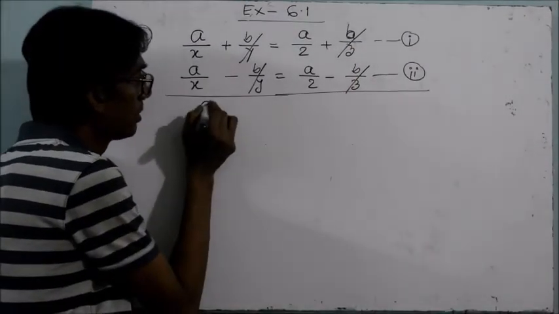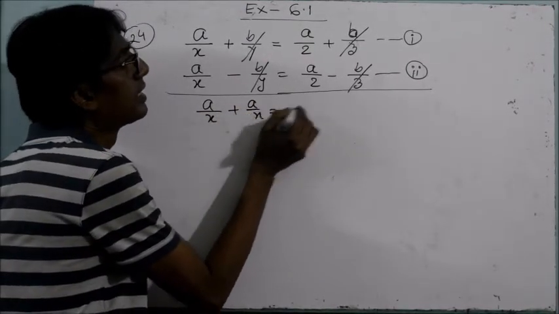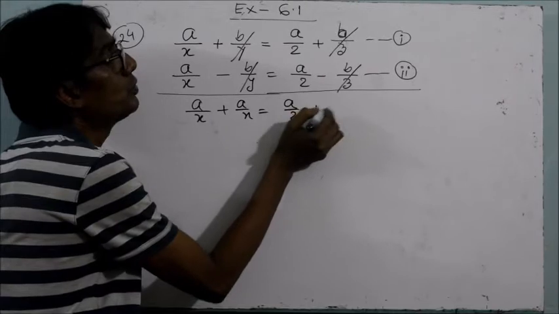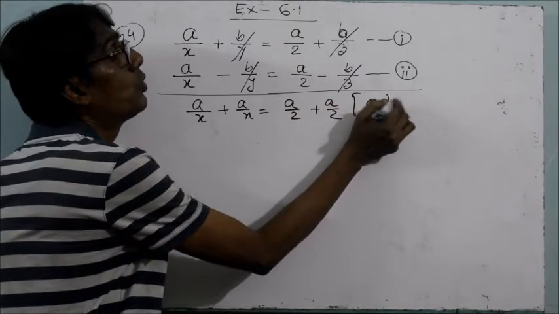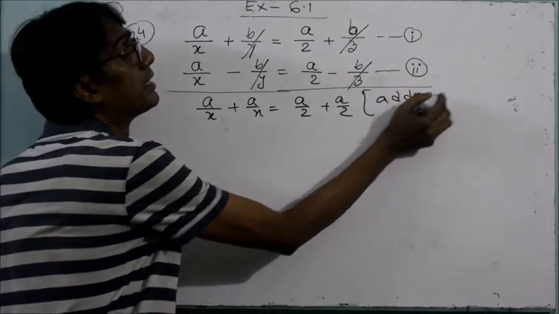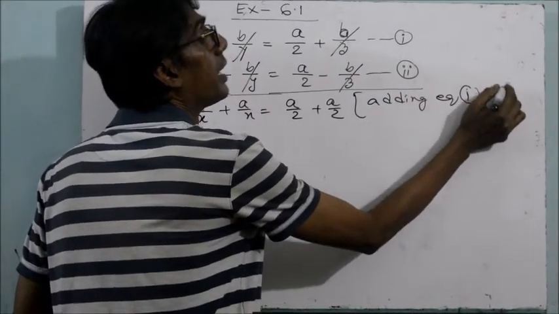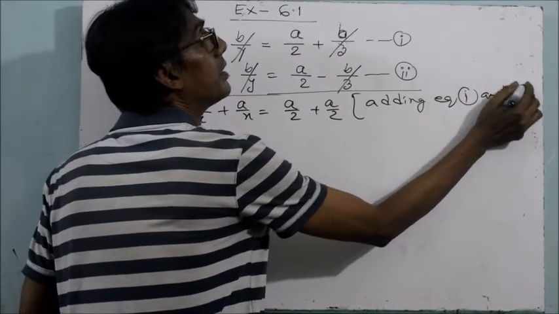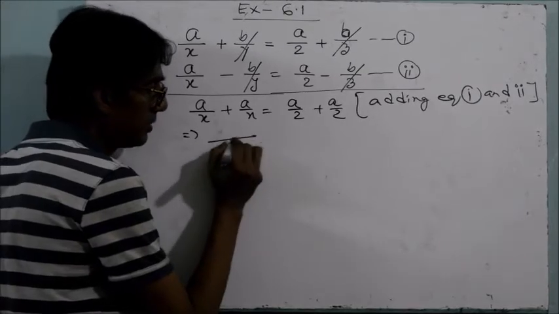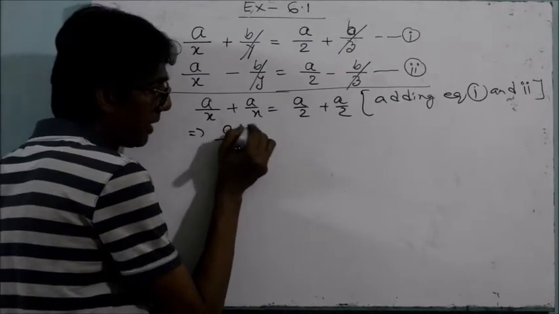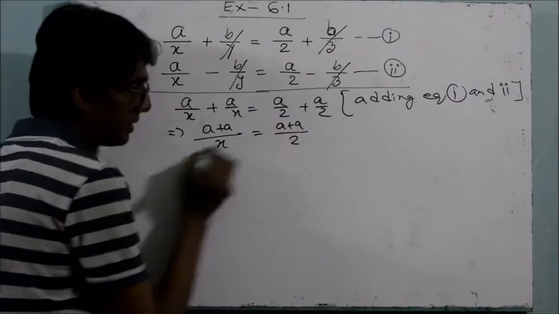So a by x plus a by x equals a by 2 plus a by 2. Adding equations 1 and 2, the LCM is x, so a plus a; on the right side the LCM is 2, a plus a.